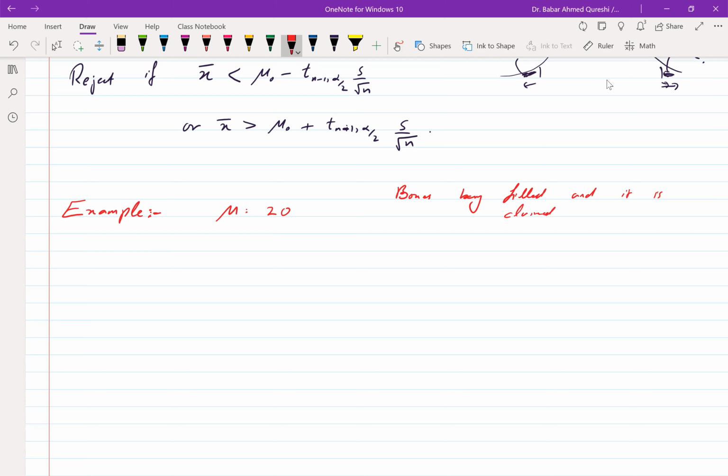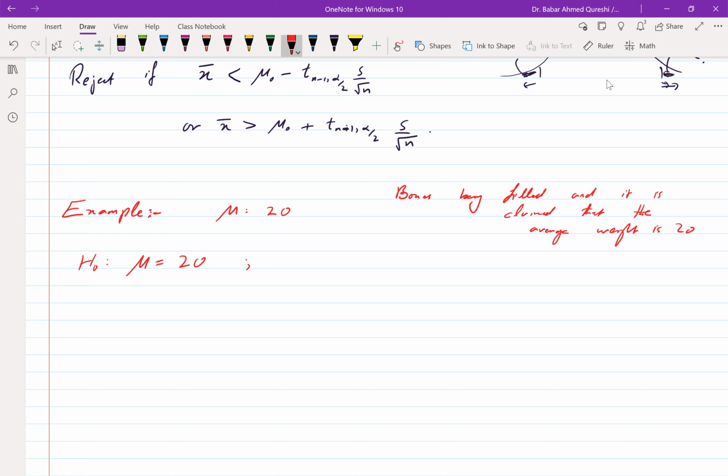Now you want to see if this is true. So this is your H naught, and you want to test it because it is not desired that there's more stuff in the box or less.